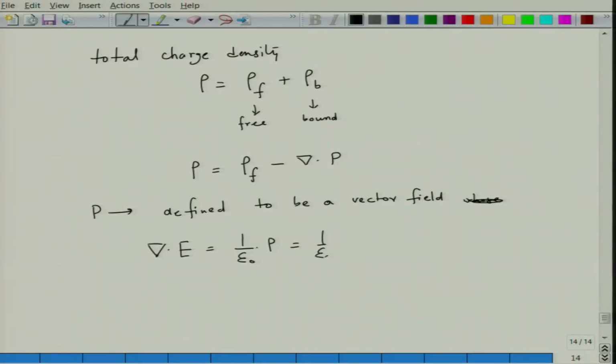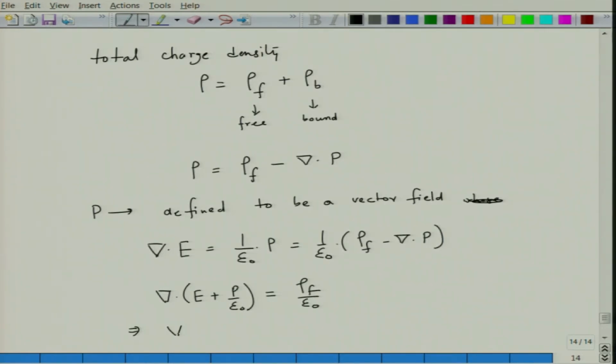So, this is nothing but now 1 over epsilon naught into, what is rho now, rho_F minus del dot P, okay, and as a result del dot of E plus P divided by epsilon naught is equal to rho_F divided by epsilon naught.